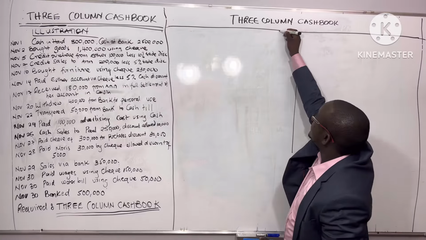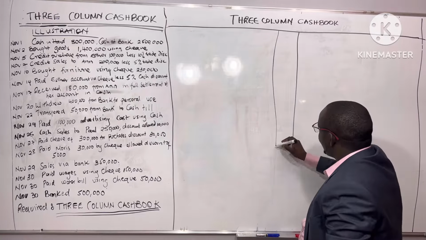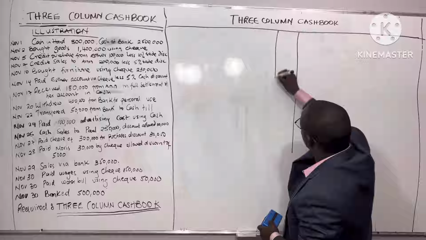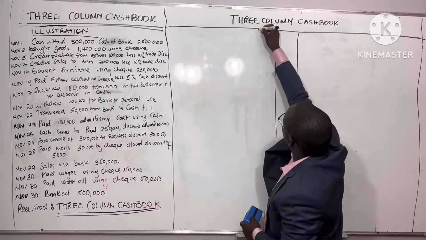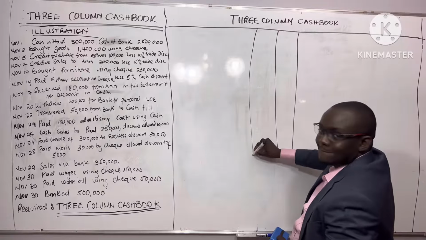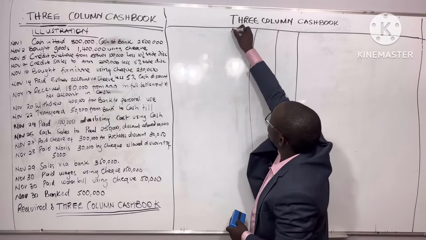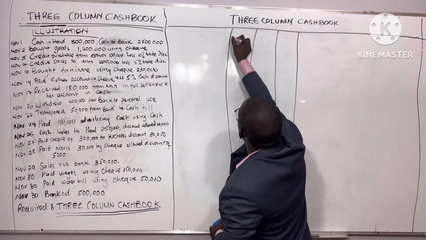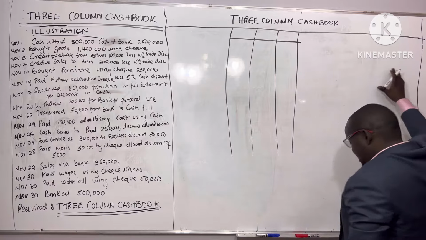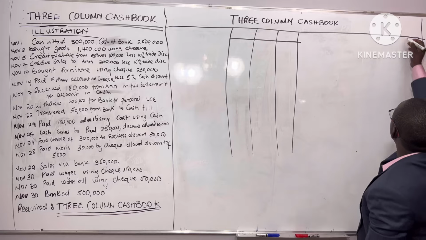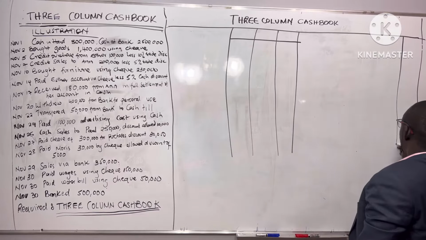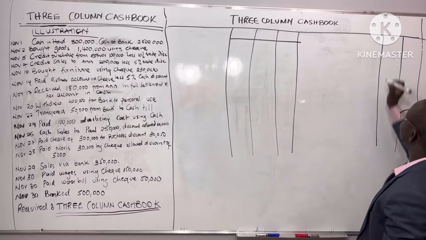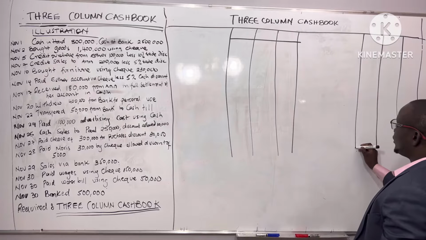Then I will have the first column, the second column, and the third column. On this side, I'll do the same: the first column, the second column, and the third column.